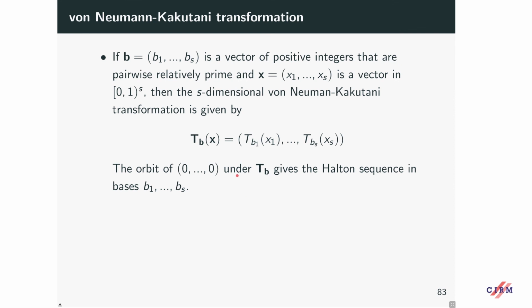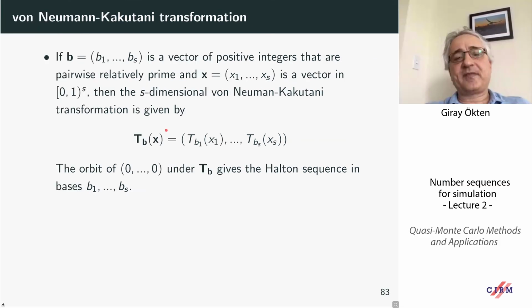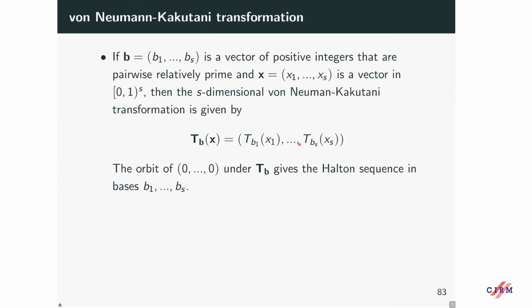And that allows you to generalize the von Neumann-Kakutani transformation using a one-dimensional von Neumann-Kakutani transformation on each axis, using different bases B1 through Bs. And then under this generalization, the orbit of the zero vector under T_B is the Halton sequence.